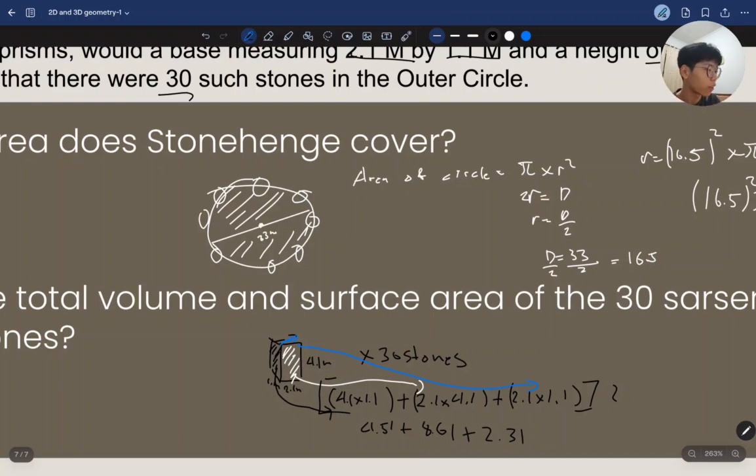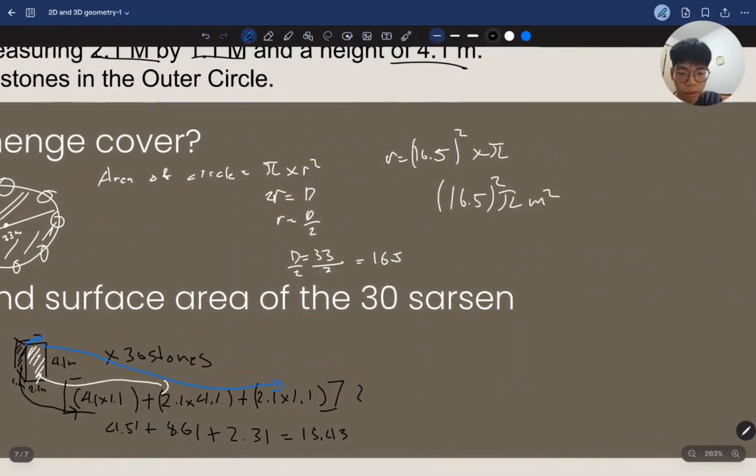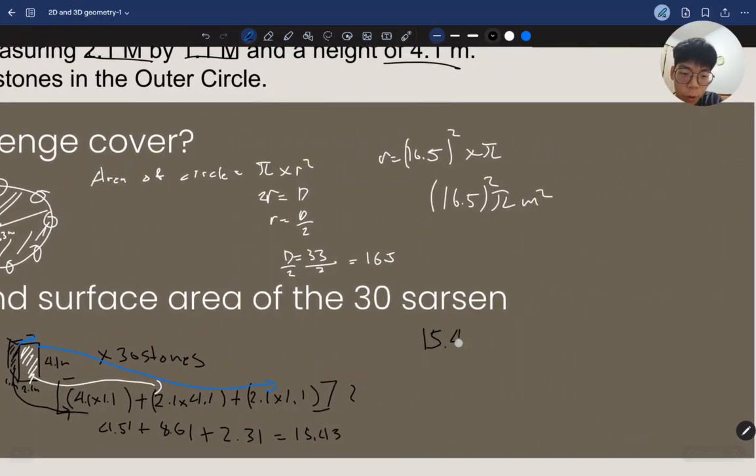We add all that, which equals 15.43. So now 15.43 times 2 equals 30.86.